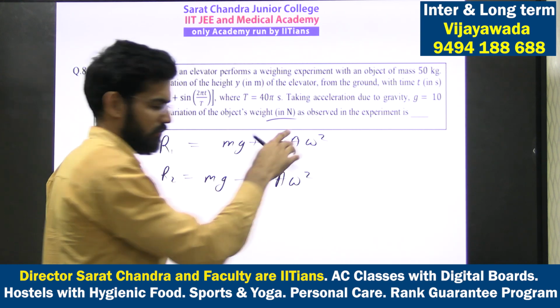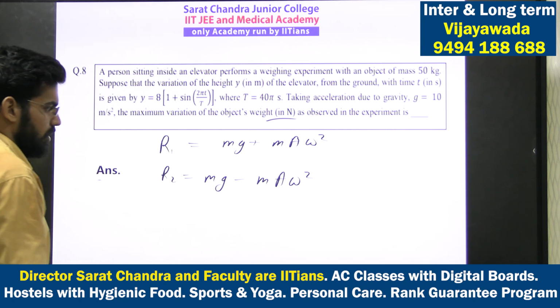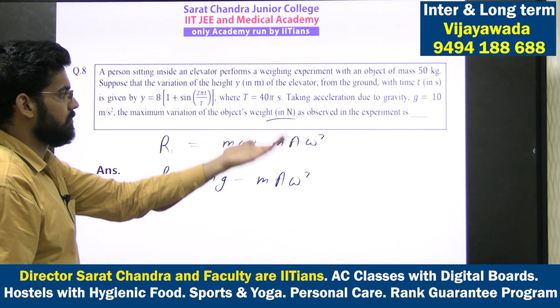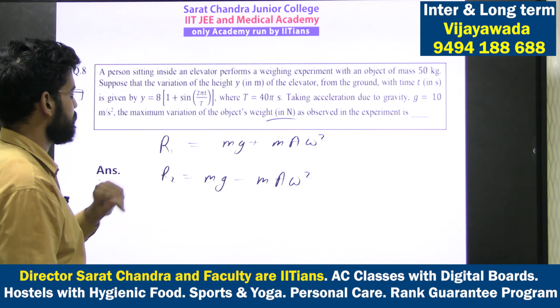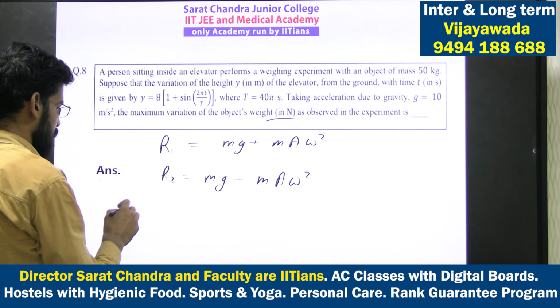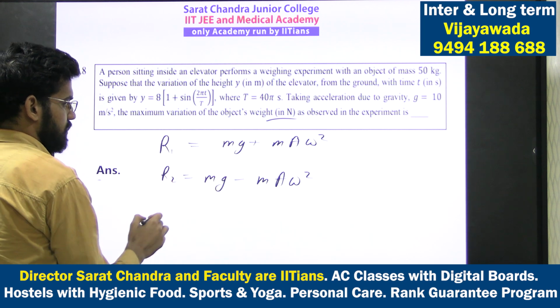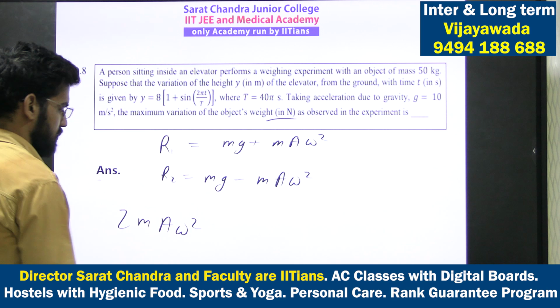Once it will be supporting and once it is opposing, so normals will come, N1 and N2. The weighing machine measures a normal only. He is saying normal, he's not asking the mass like kg, he's asking the Newton. So maximum variation is the subtraction of these two. So I can say the answer is 2 m a omega square. That's it.